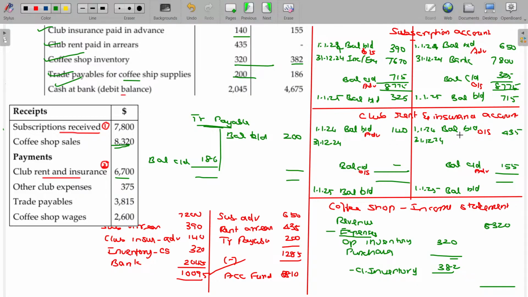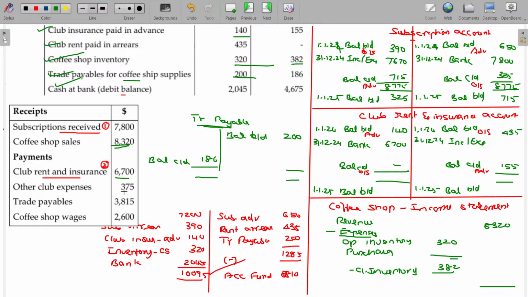Any amount meant for the period will be transferable to the income and expenditure account. Amount paid will be posted here, bank and cash. This is similar to the subscription account, but in reverse, because that's an income and this is an expense. So the payment to them being 6,700.